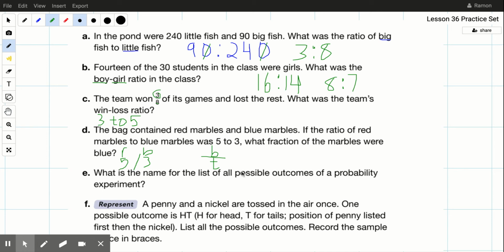Now, in order for it to be a ratio, even if it's a simplified ratio, the total comes from the combination of both of the values that are being compared. In this instance, we're comparing red to blue, which would be 5 to 3. So the combination would give us a total of 8 marbles, and the blue marbles is the second value, which is 3. So the fraction is 3/8.